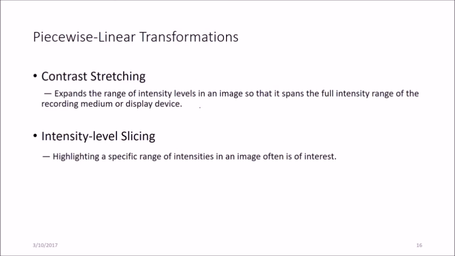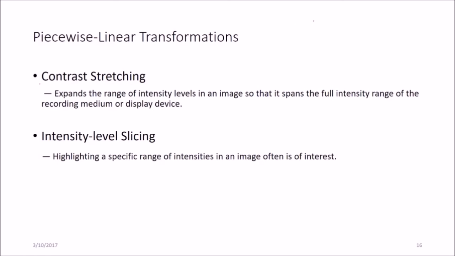So we were talking about the piecewise linear transformations, and we have already seen the contrast stretching, and we'll see the intensity level slicing also. What was contrast stretching? It expands the range of intensity levels in an image so that it spans the full intensity range of the recording medium or display device.